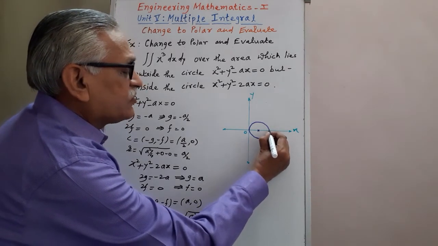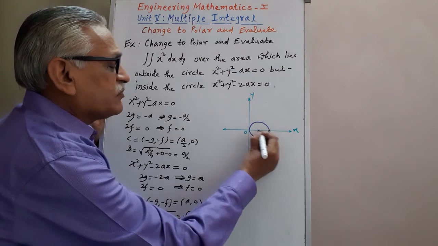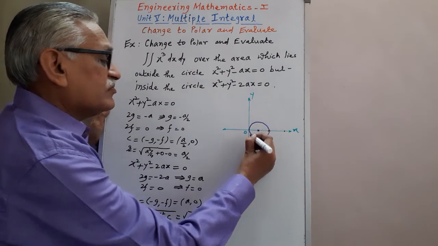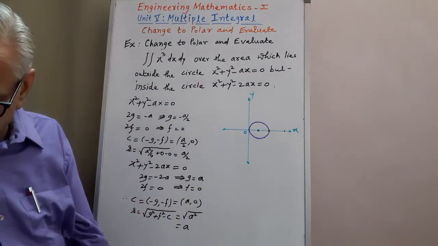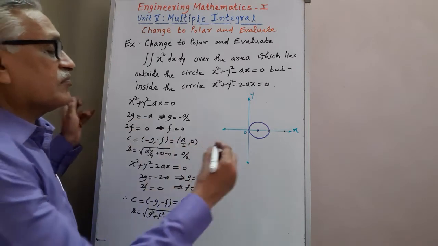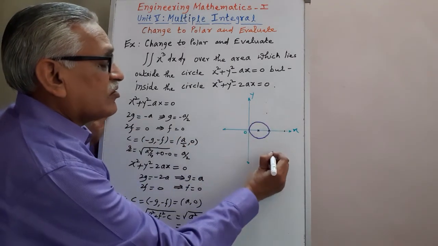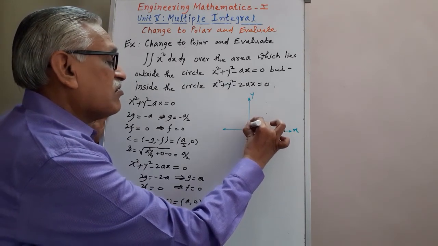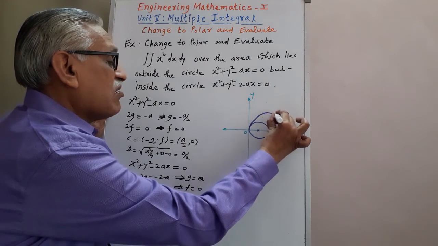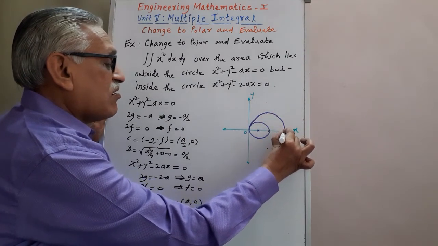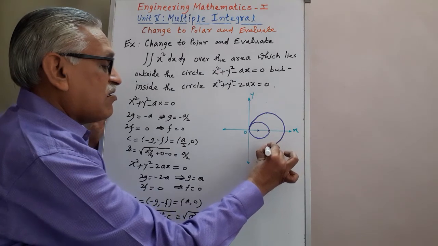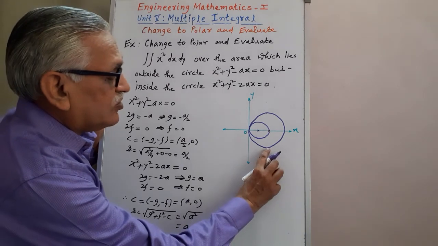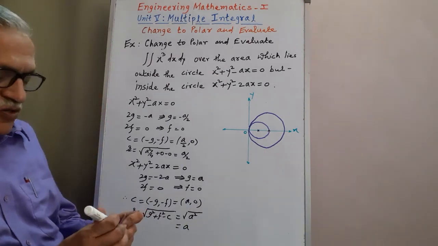Suppose this is the point a, 0 as the center and this much radius. If we make that circle, we get this outer circle.